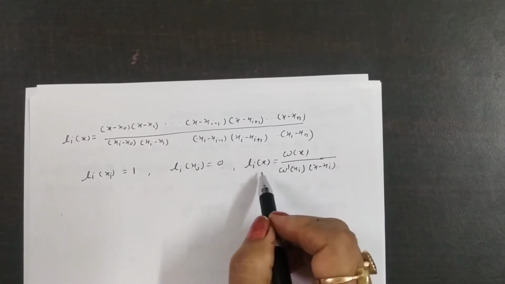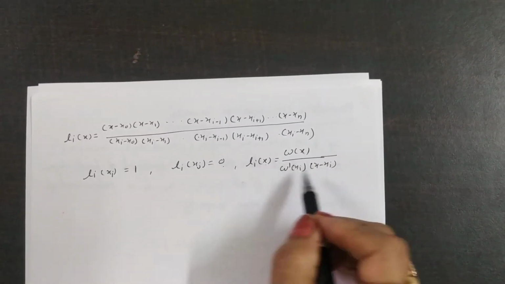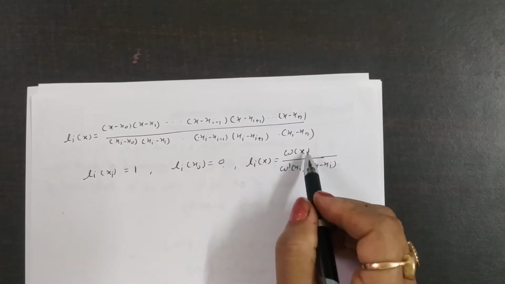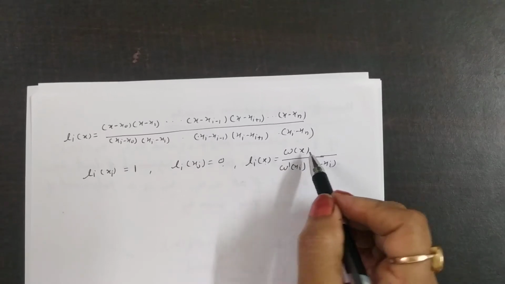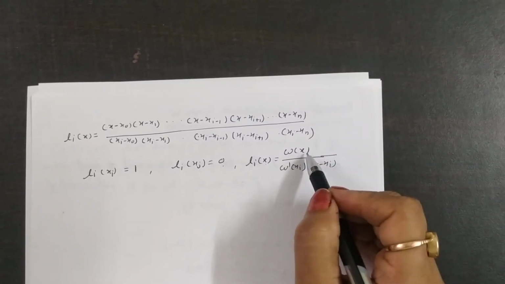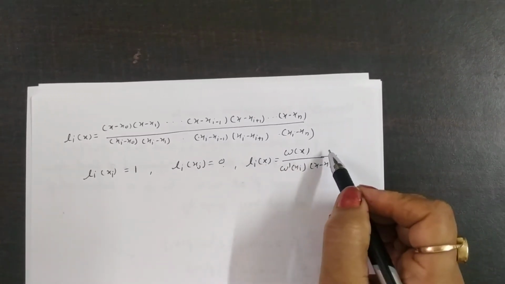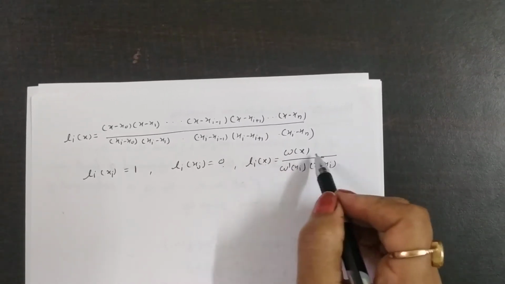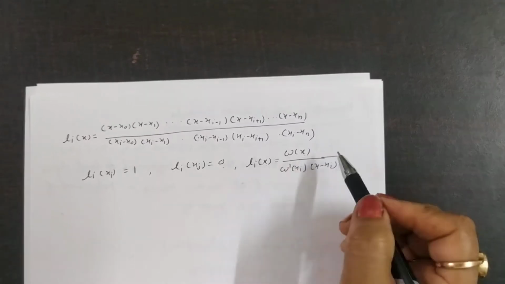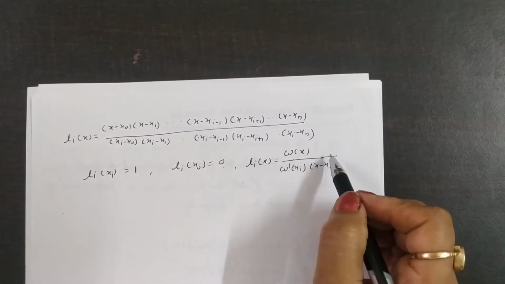But if you substitute here Li(xi), then for xj this is also 0, because these are the zeros that lie in this omega(x). So for xj it's also 0, and xi is also 0.